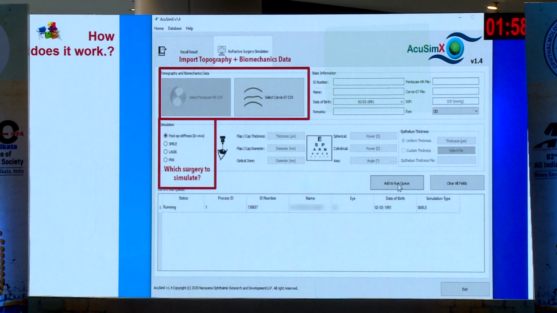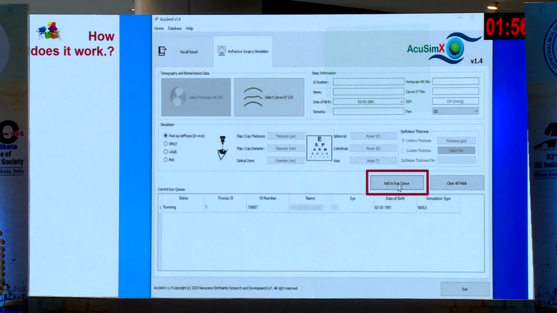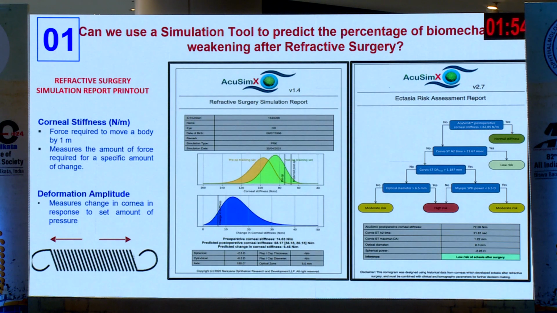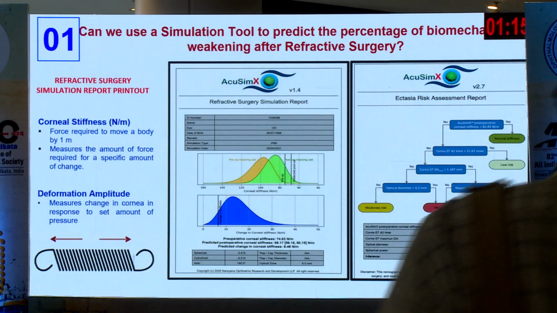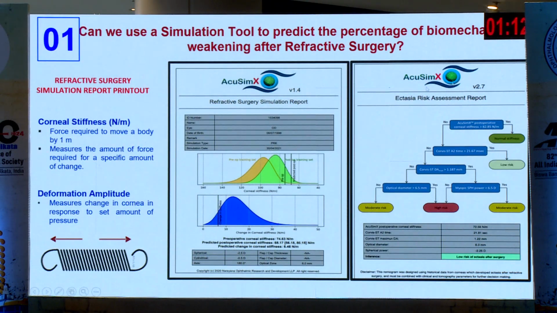If you add all this data, which doesn't take much, it runs a simulation on an AI-driven platform and gives you this report, in newtons per meter. It tells you post-surgery corneal ectasia risk. We got pre-op biomechanics data from around the world, from more than 30 patients, and used how the machine predicted it to build an AI on it.